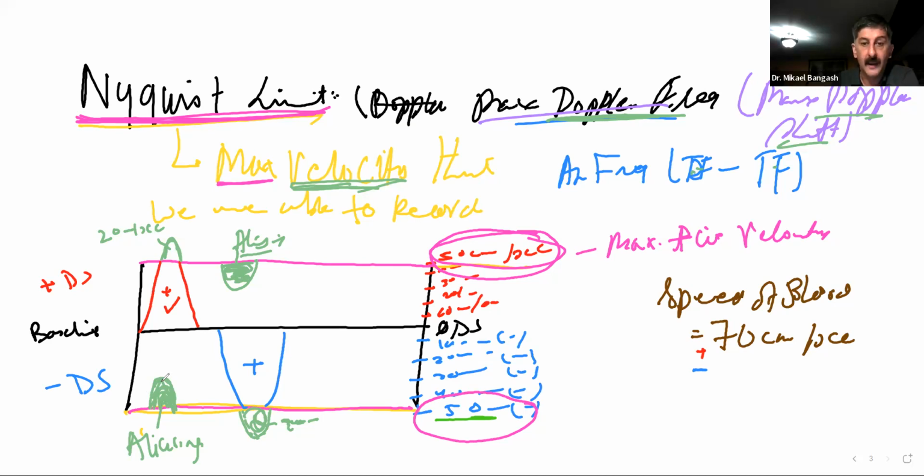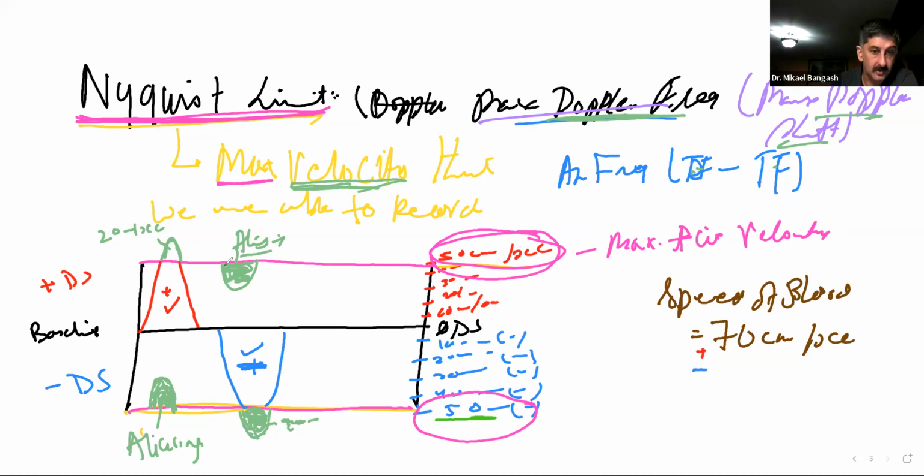Or when we had a negative Doppler shift, where we said our max negative Doppler shift is 50 centimeters per second, but the blood is still flowing at a speed of 70 centimeters per second. Well, this here is a real recording, but it's not going to be able to record these extra 20 centimeters per second of the velocity, because that is beyond our speed limit, or beyond our Nyquist limit.